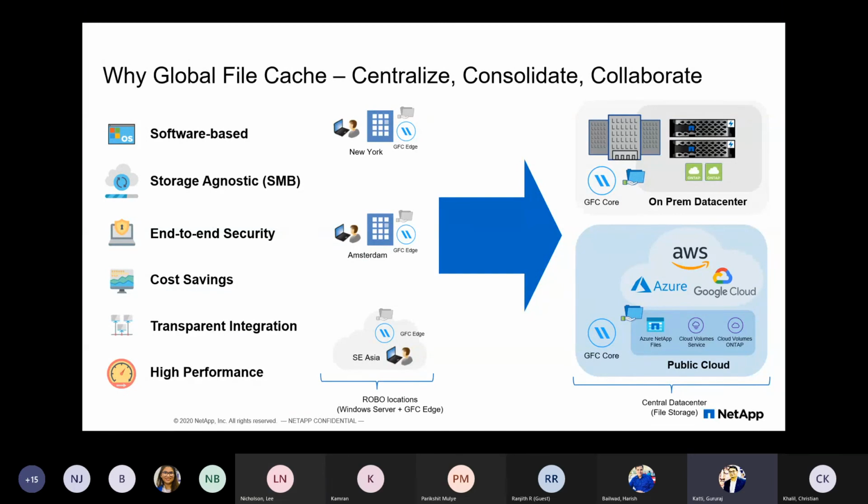What if a customer has one data center here and they're doing on-premises file share, and due to the COVID issue, so many users might be working from home? Do we have any solution for those individual users, not for the geographically dispersed data centers, to enhance this file sharing experience? Do we have any solution with the GFC?